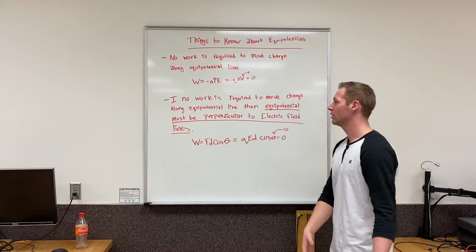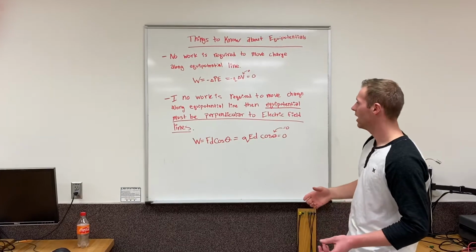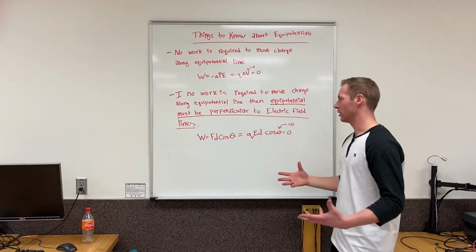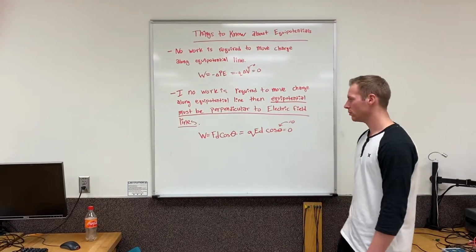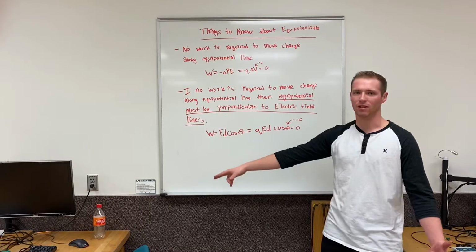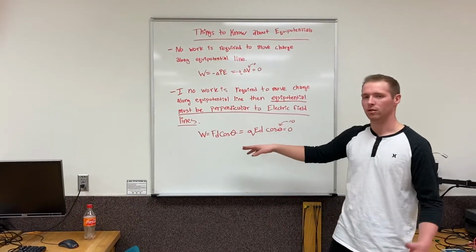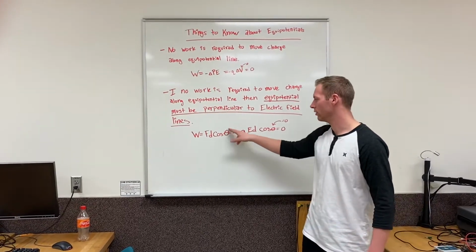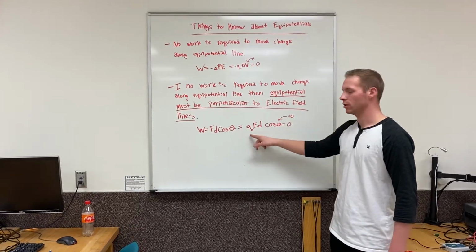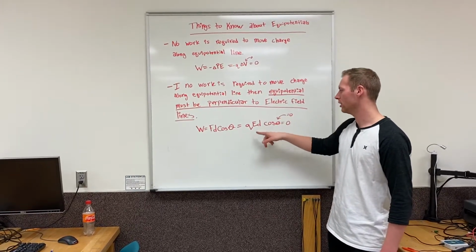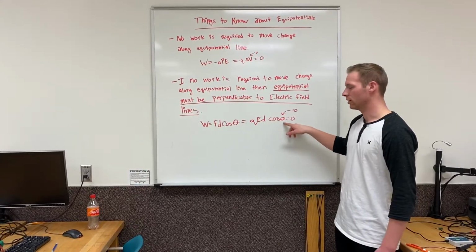So since there's no work required to move a charge along an equipotential line, then equipotentials must be perpendicular to the electric field. And this is an equation to show that as well. Work is equal to force times distance times the cosine of theta, and that's also equal to the charge times the electric field times the distance multiplied by the cosine of theta.